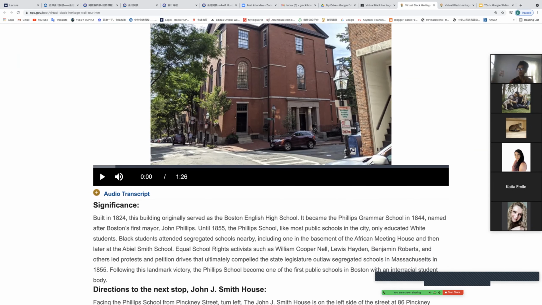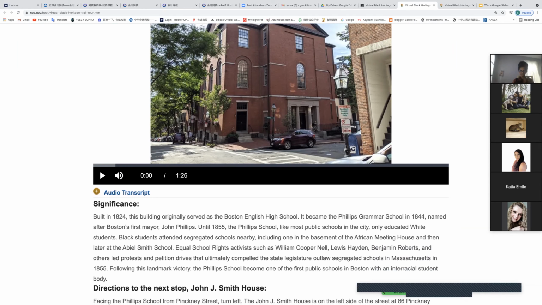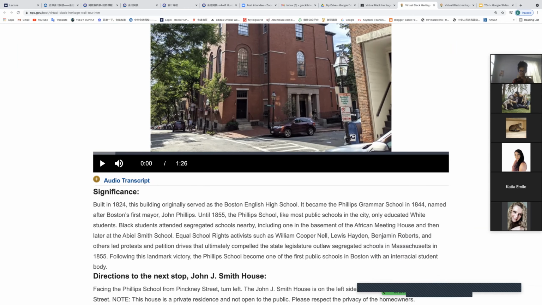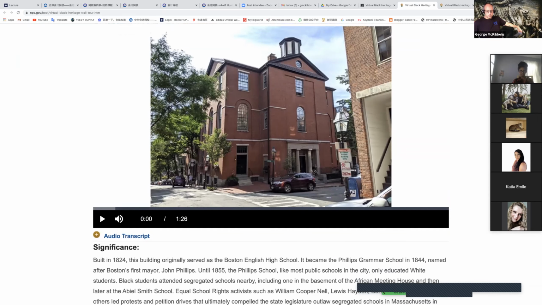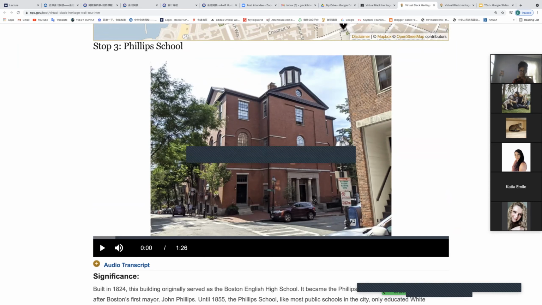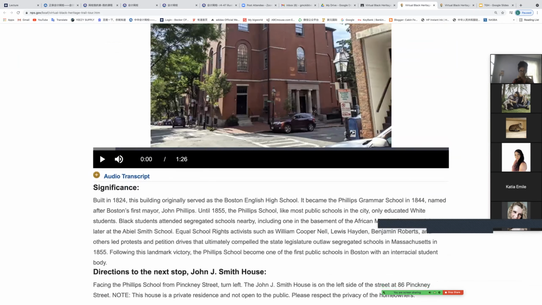The John J. Smith House? Judge Smith is the abolitionist. Yes, abolitionist. That's a good vocabulary word. I'm glad you mentioned that.